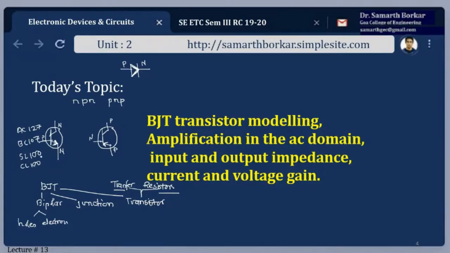There are multiple companies which are producing these transistors. Now, if I want to buy the transistor, first I need to decide about the application. And when I say application, I need to know what will be the output voltage, and how much current is required at the output end.